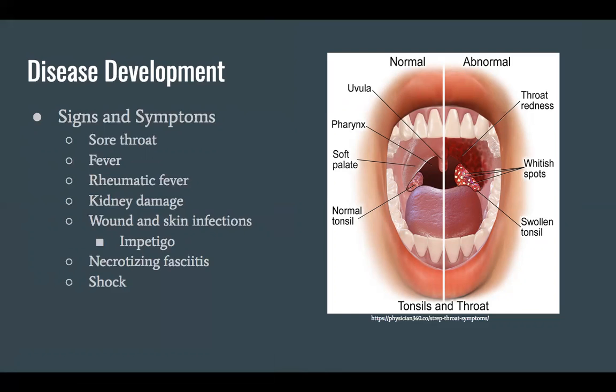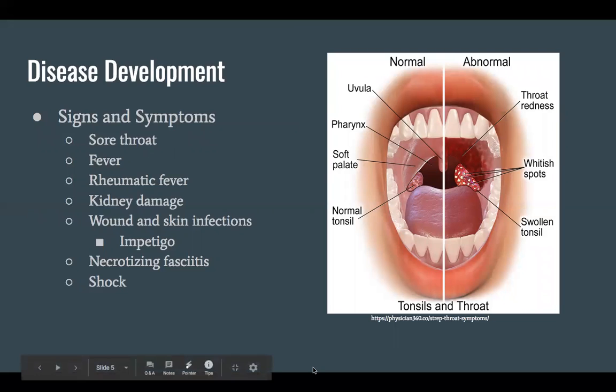An individual can also have necrotizing fasciitis, which is a flesh-eating disease characterized by fever, severe pain and swelling, redness at the wound site, and later you can have fluid discharge from the infected tissue, skin loss, and low blood pressure.